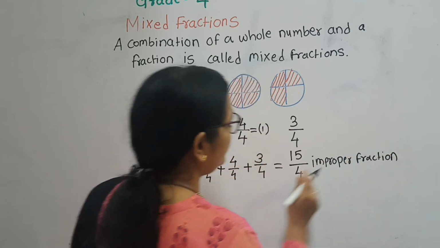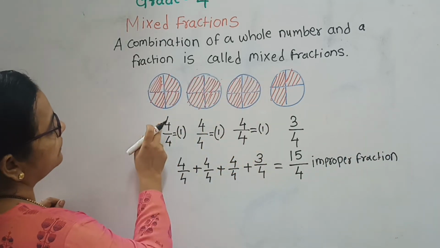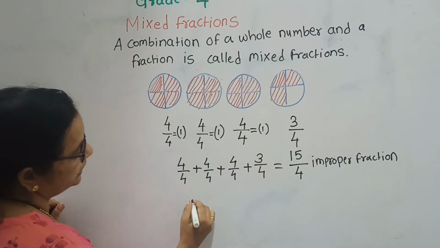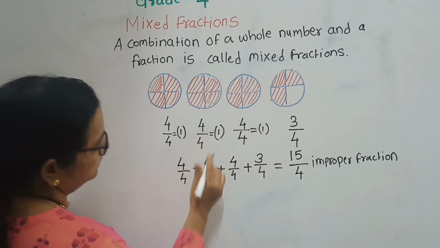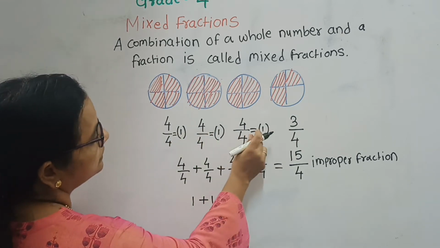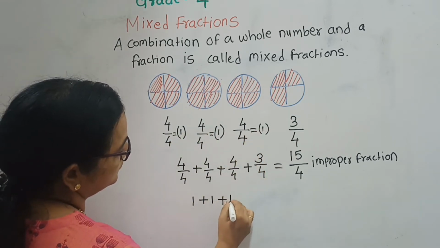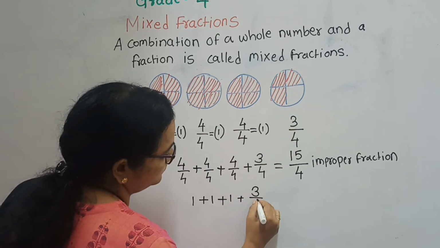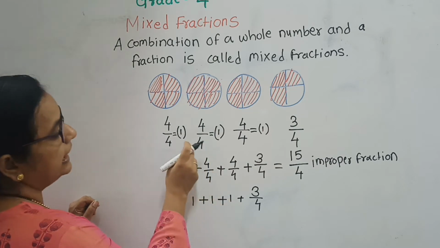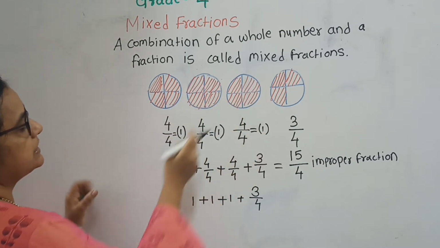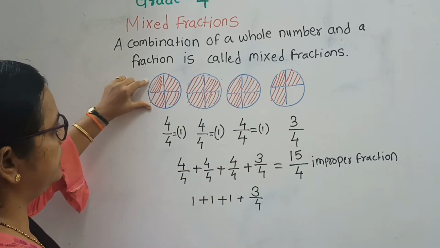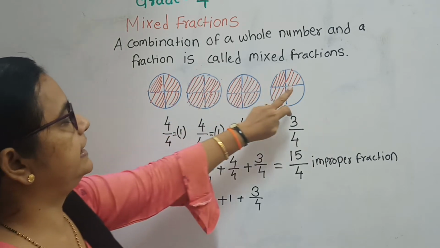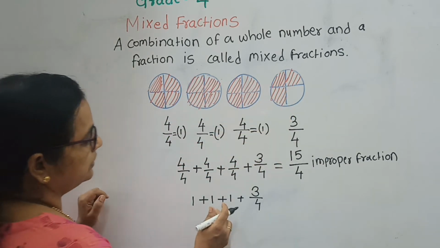Or if we take 4 upon 4 equal to 1, then 1 plus 1 plus 1 and plus 3 upon 4. These 3 are the whole parts, the shaded parts of the 3 figures, and the 4th figure is 3/4.